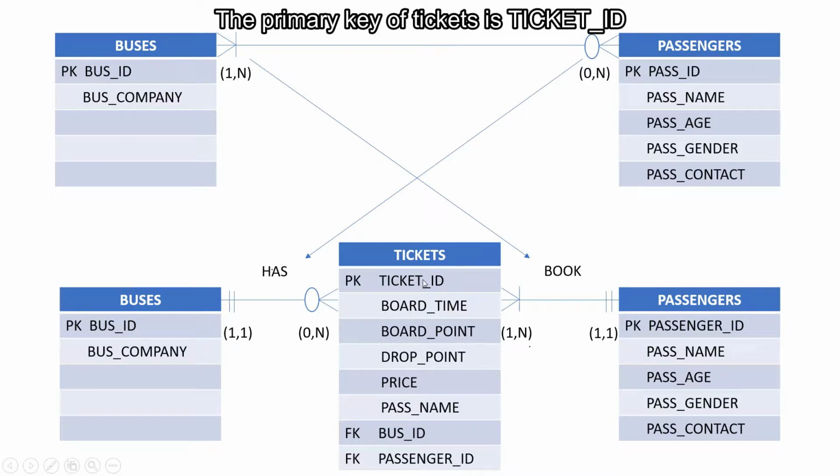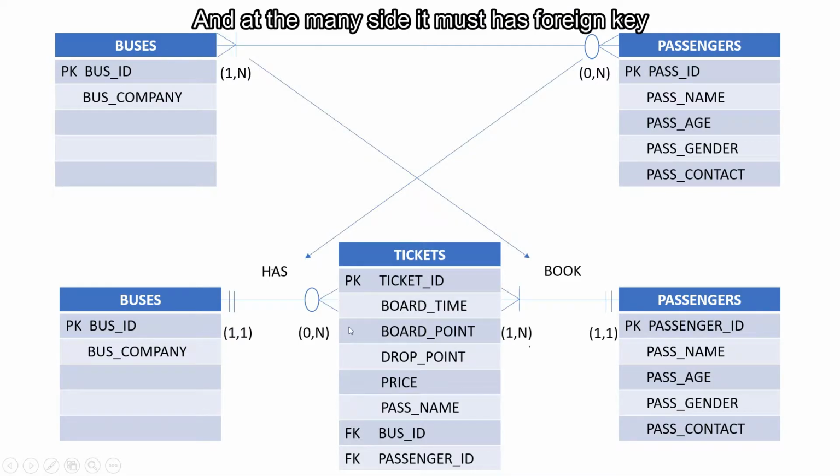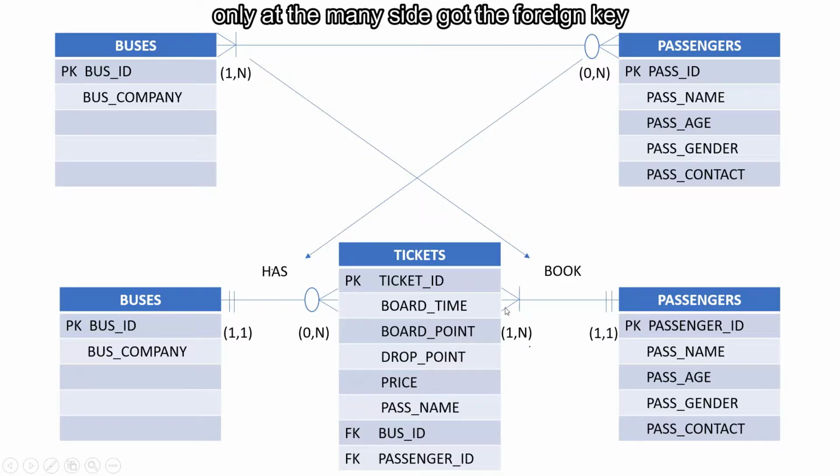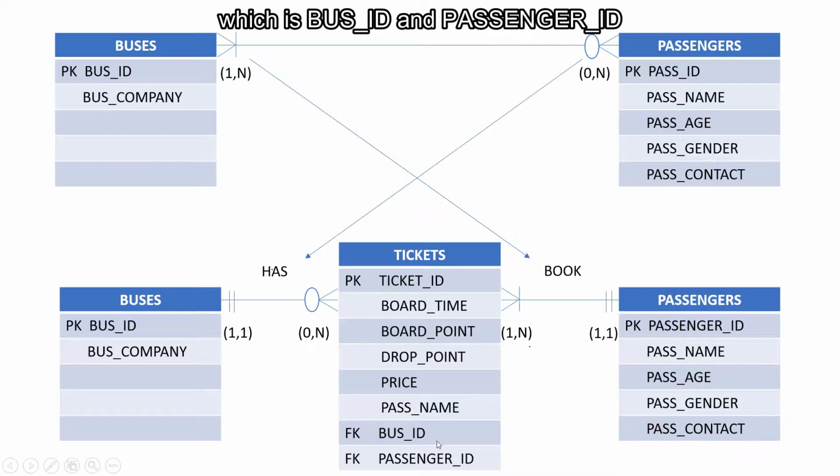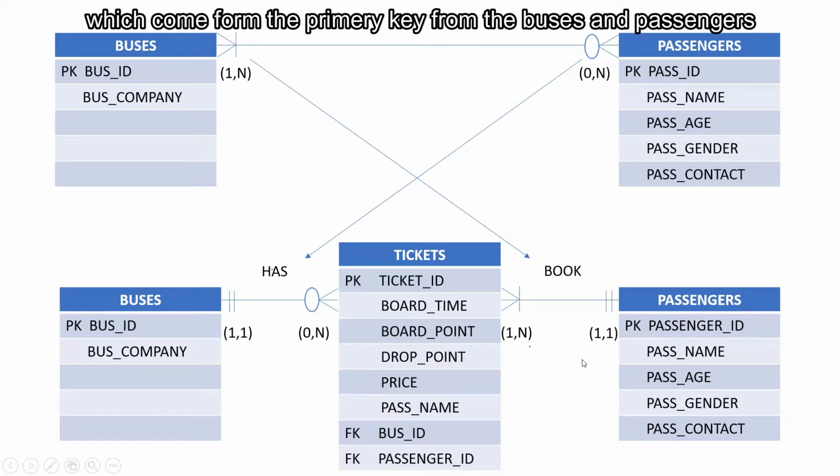The primary key of the ticket is ticket ID. And at the many side, it must have foreign keys, which come from buses and passengers. Only the many side has foreign keys, which are bus ID and passenger ID, which come from the primary keys of the buses and passengers.